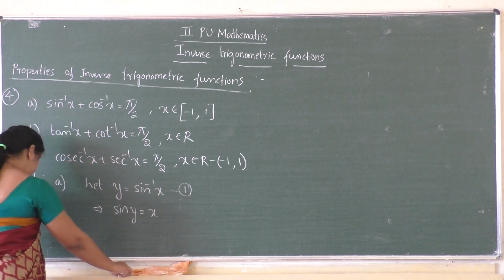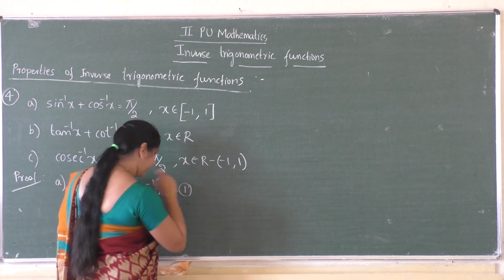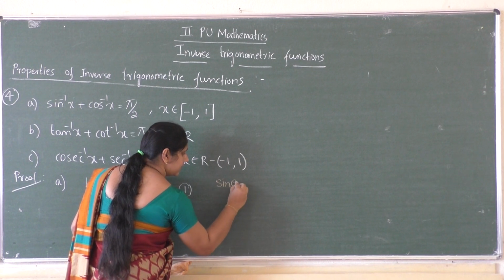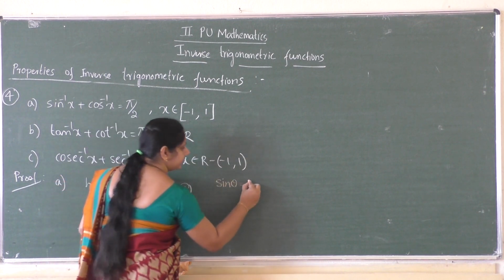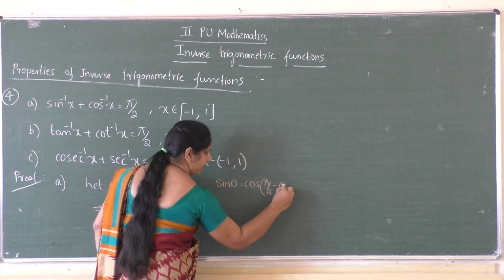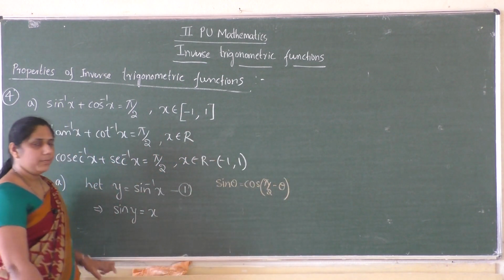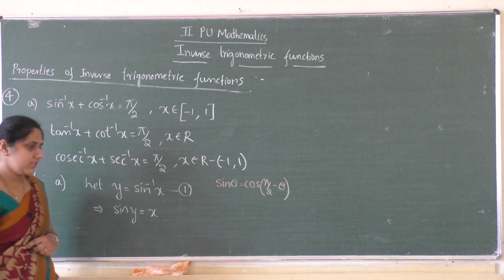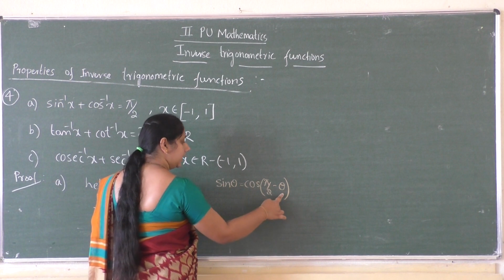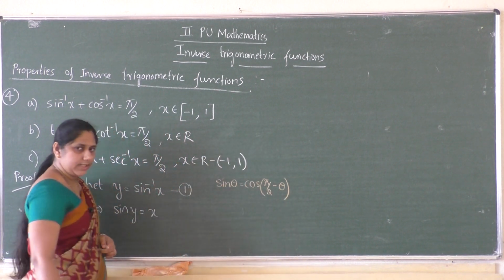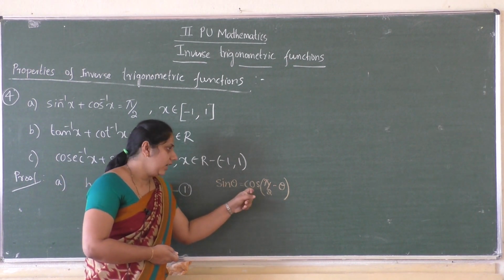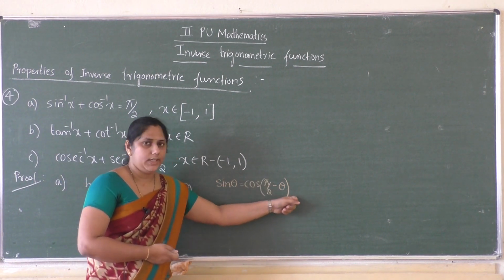In first year trigonometry, we learned one formula, that is sin theta is same as cos of pi by 2 minus theta. That is, cos of pi by 2 minus theta is equal to sin theta. So in the place of sin theta we can write cos of pi by 2 minus theta.